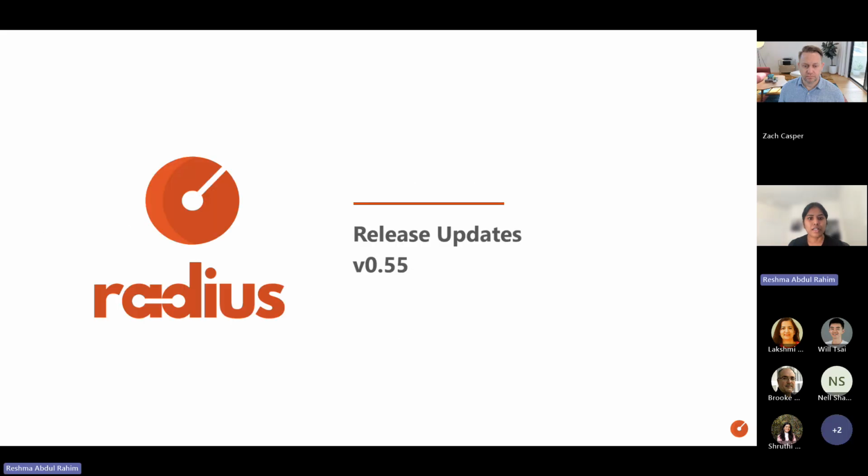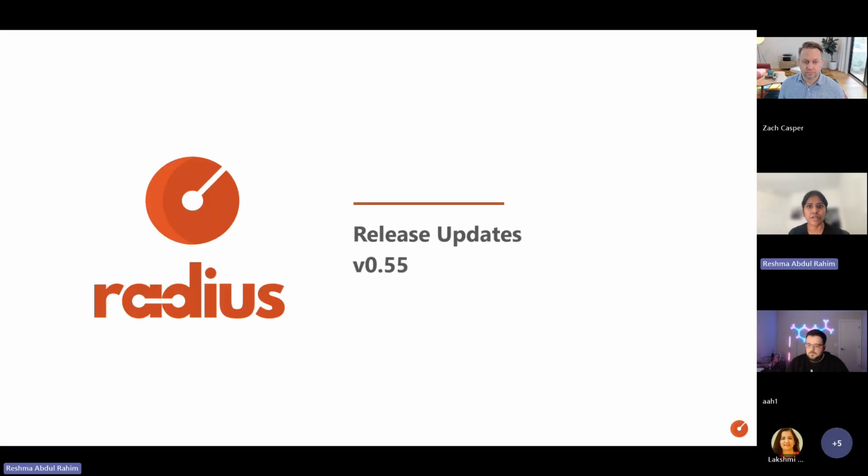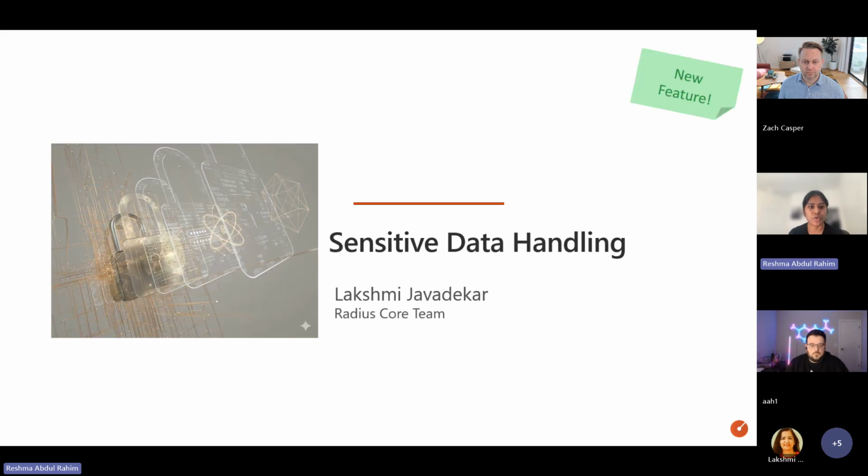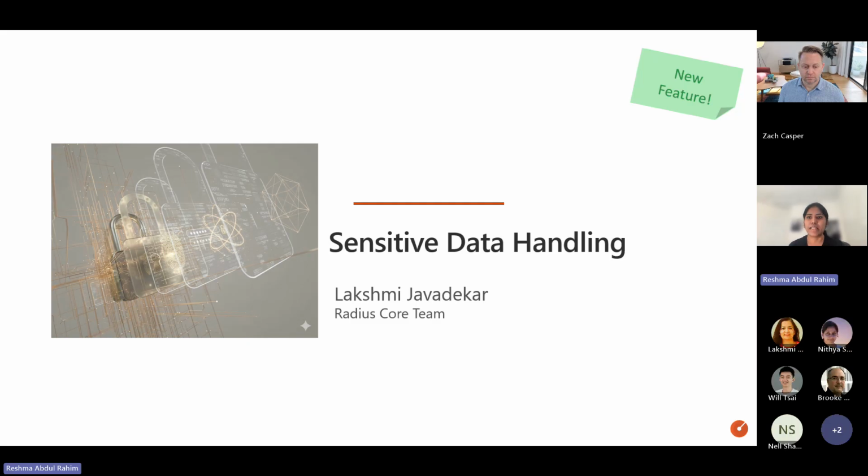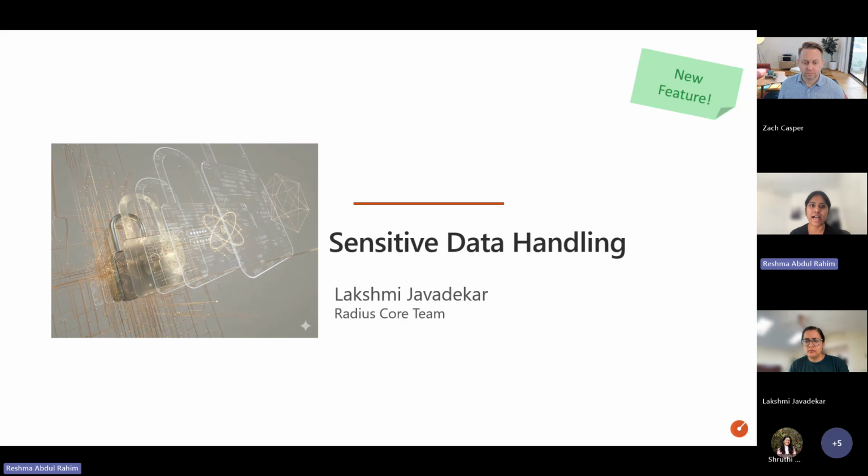So quickly on the release updates from Radius release 0.55. We added a new annotation to mark the sensitive data when you're writing resource type definitions that have sensitive data.